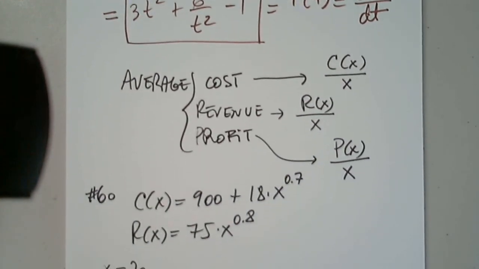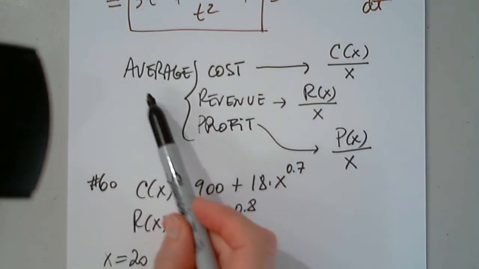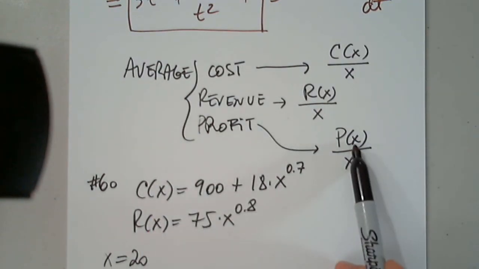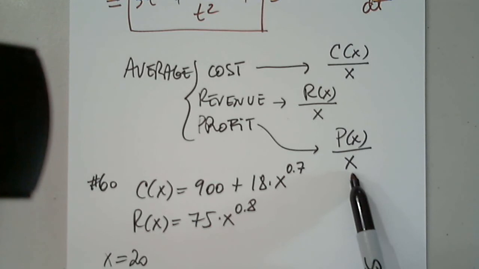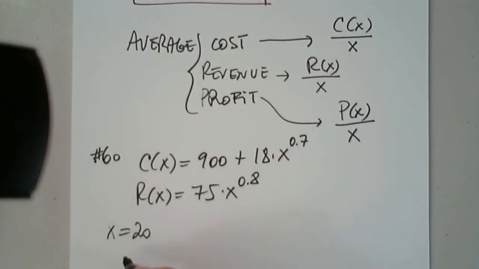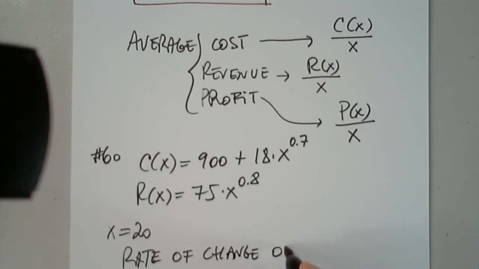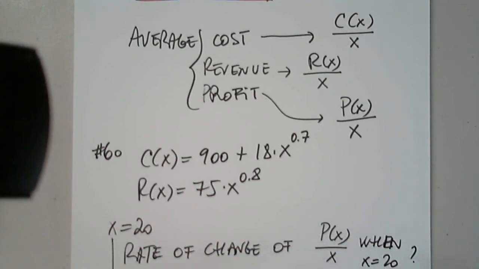So they want us to find the rate at which the average profit is changing. We know by definition that the average profit is the profit divided by the number of units. So they want the rate of change of P of x over x when x is 20. This is what they want.